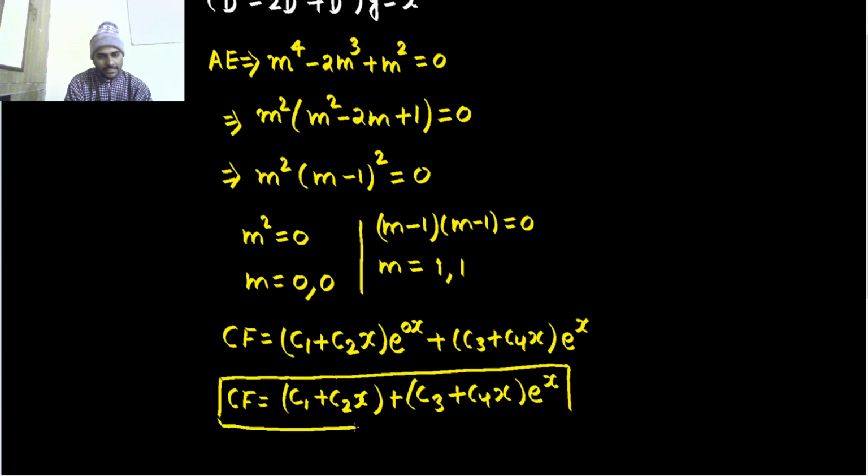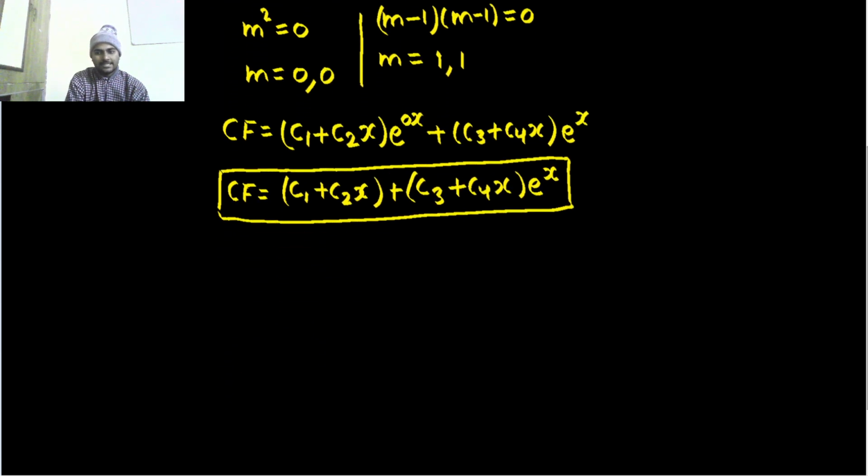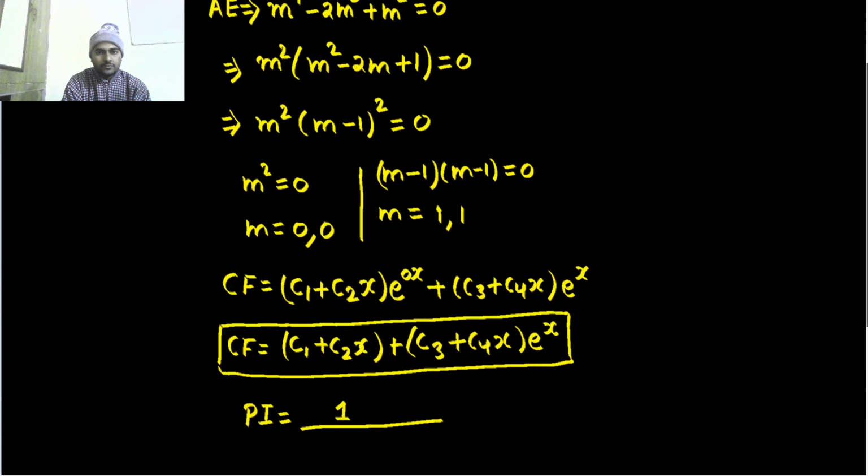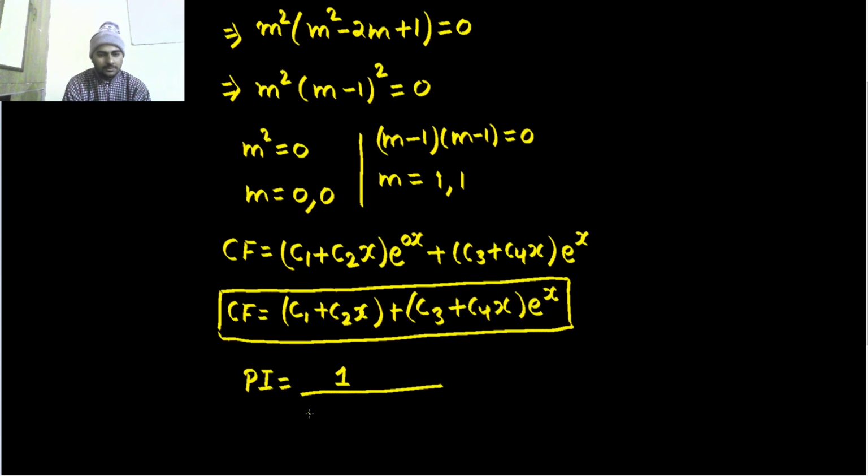Now I will proceed to solve my particular integral. So my particular integral will be nothing but 1 upon (D^4 - 2D^3 + D^2) operating on x^3, I guess.